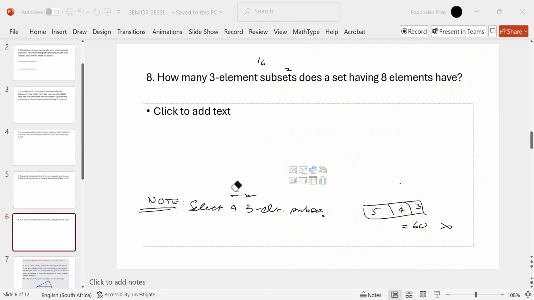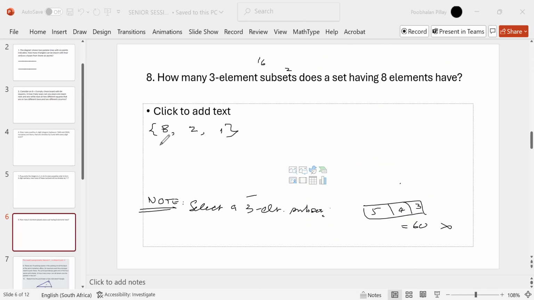Okay, the answer is supposed to be 10, not 60, right? Now, I'll tell you what is wrong with it. You see, we could have chosen those 3 elements as, for instance, first element is 8, and the other one, I think I had 2 there as well, and maybe 1. I could have chosen it like that.